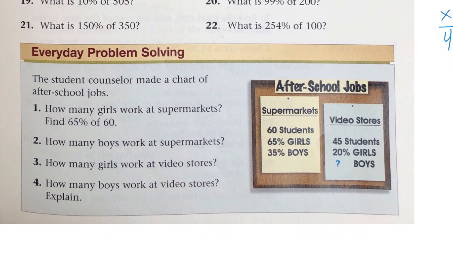What does this look like for everyday problem solving? The student counselor made a chart of after-school jobs. How many girls work at supermarkets? There's supermarkets. 65% are girls. 60 students altogether work at supermarkets. So we can find 65% of 60.